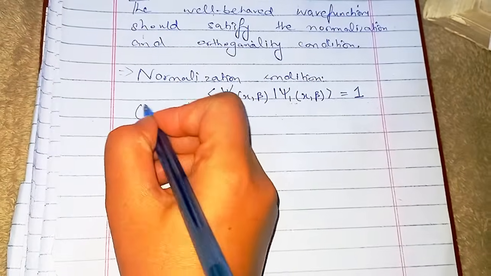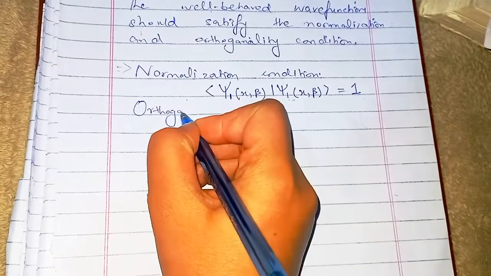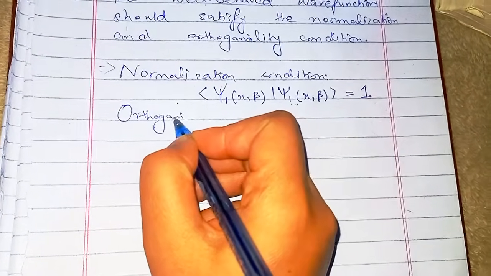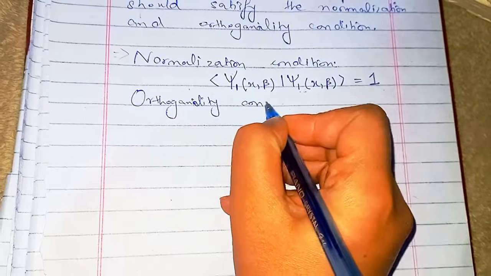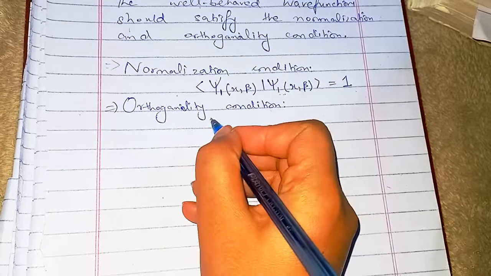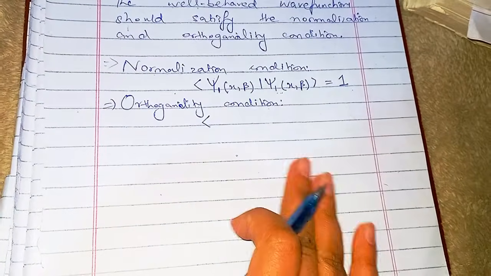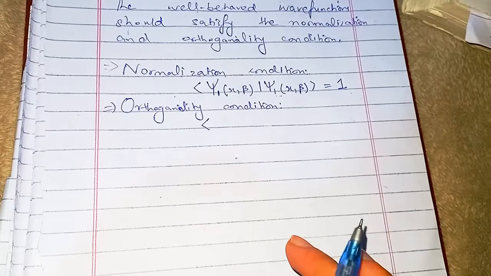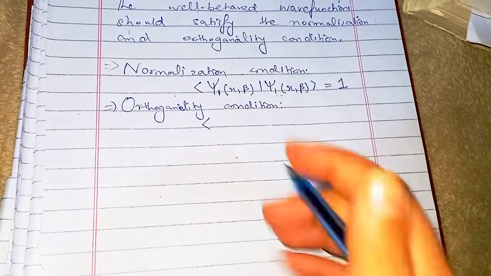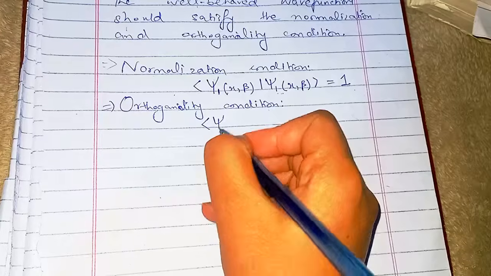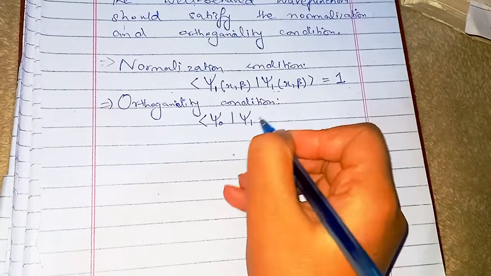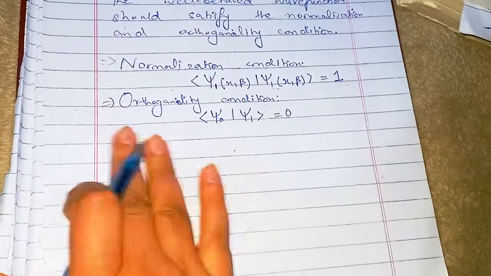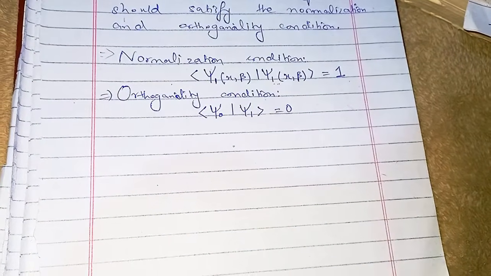Okay, and the orthogonality condition says, orthogonality condition, in orthogonality condition we have two different wave functions. So since we only know the ground state and first excited state, we can write that the scalar product of a ground state with its excited state would be equal to 0. That's the orthogonality condition.